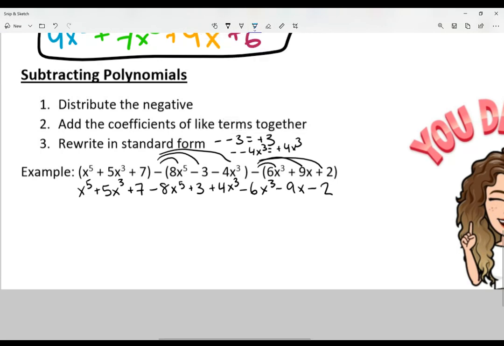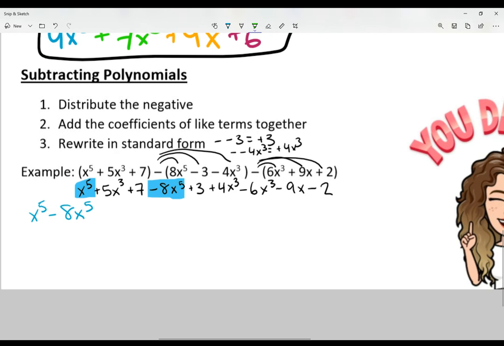So first, look, I see my highest exponent is a 5, so I'm looking for the x to the fifth. And now we have negative 8x to the fifth, or minus 8x to the fifth. So x to the fifth minus 8x to the fifth.